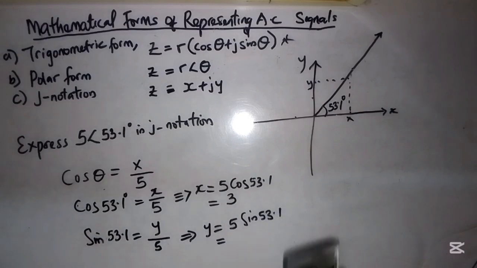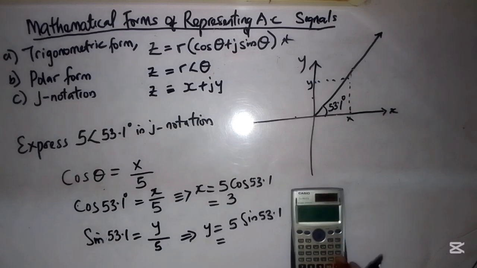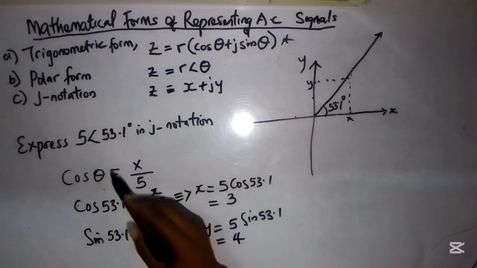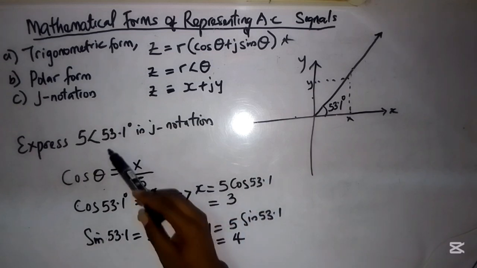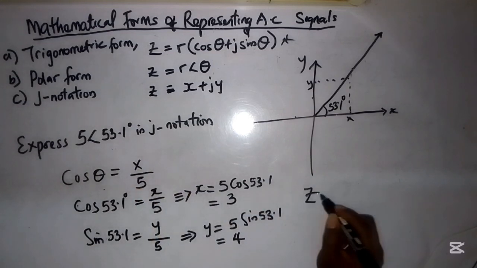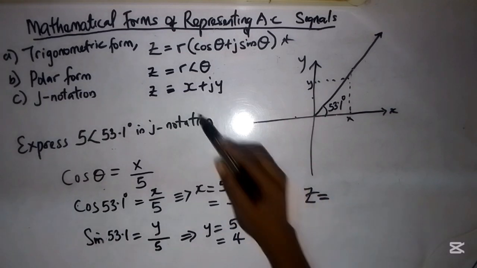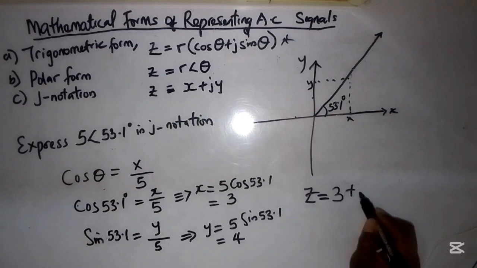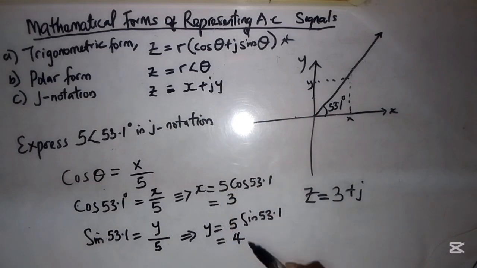If this is typed out in our calculator, it gives us 3.99, approximately 4. So we can easily represent this function now in j-notation, and our Z becomes, for the value of x, which is 3, plus we bring our j and then put y, which is 4. And that will be the answer.